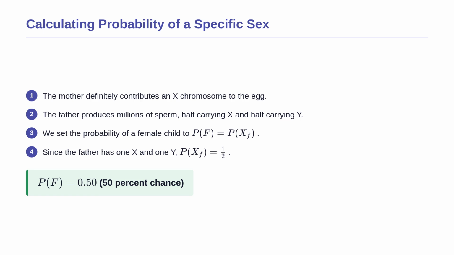He produces millions of sperm, half with X and half with Y. We set the probability of the child being female, P(F), equal to the probability that the father contributes his X chromosome. Since he has one X and one Y, the chance is exactly 1 out of 2. Converting this fraction gives us 0.50, or a 50% chance. The biological coin flip is perfectly even.